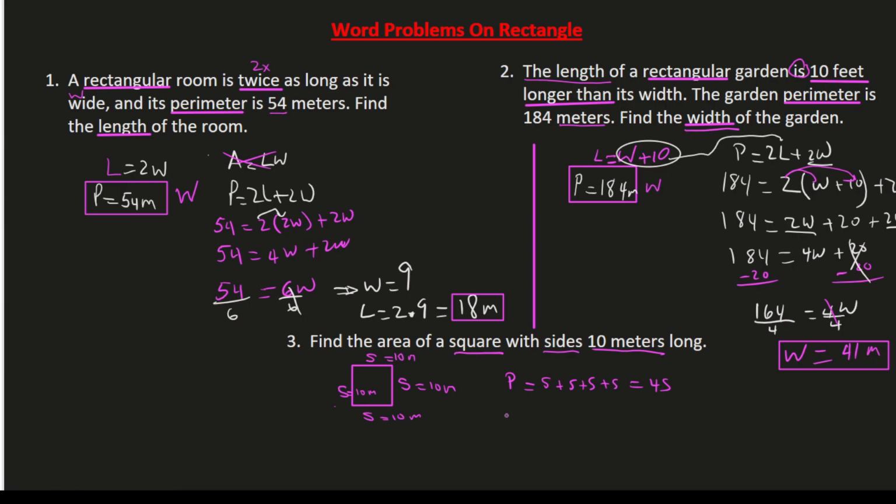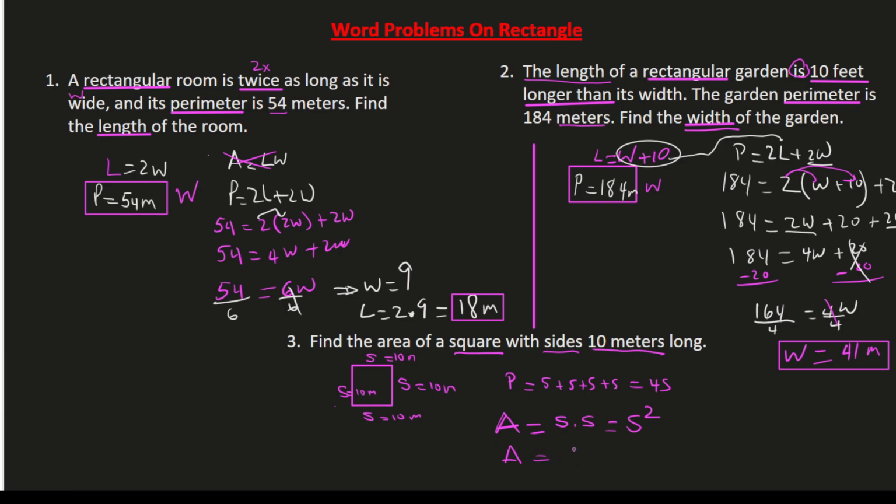But the area of the square is given by the formula: you only need two sides to find the area. So it's going to be this side times this side, which is S times S. We need only two, S times S, and this is equal to S squared. If this is a square, the area is equal to S, which is 10.